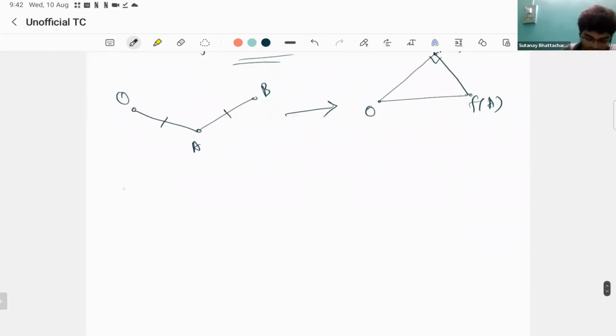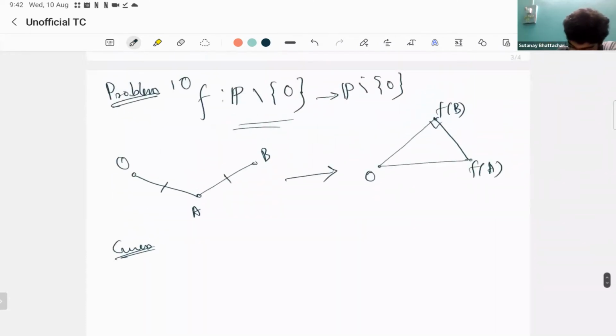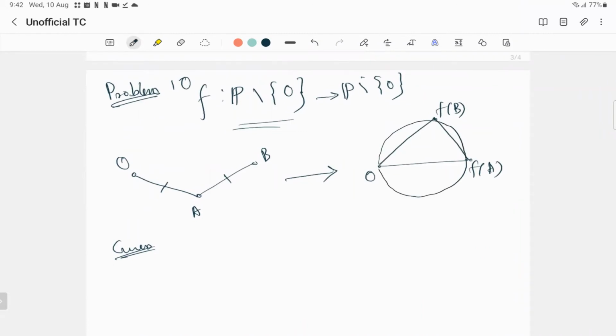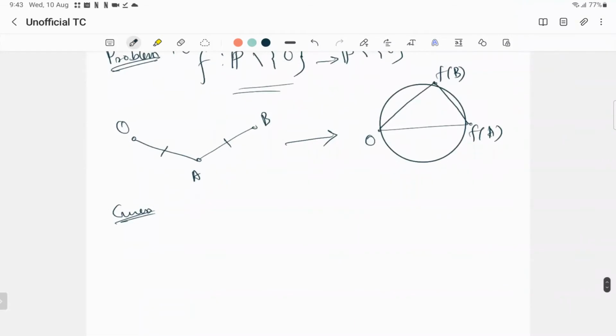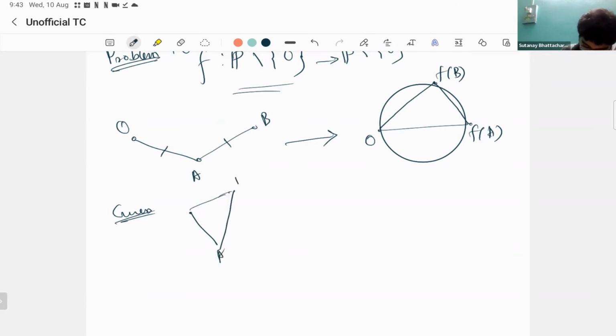So first of all, let's start guessing. What are some example functions that actually do satisfy this condition? Actually, maybe draw the semicircle anyway. If we take OAB to be equilateral, then we get f of A is equal to f of B. That is correct.